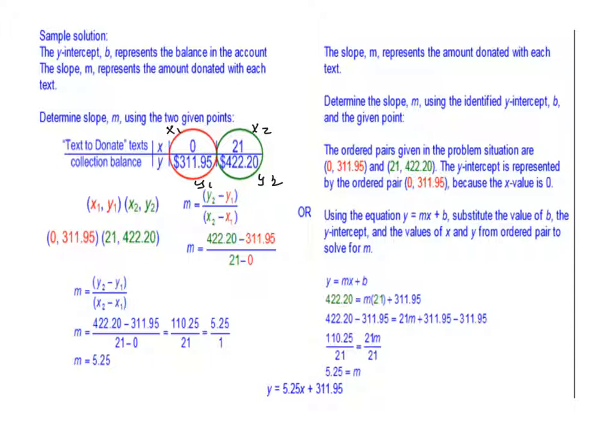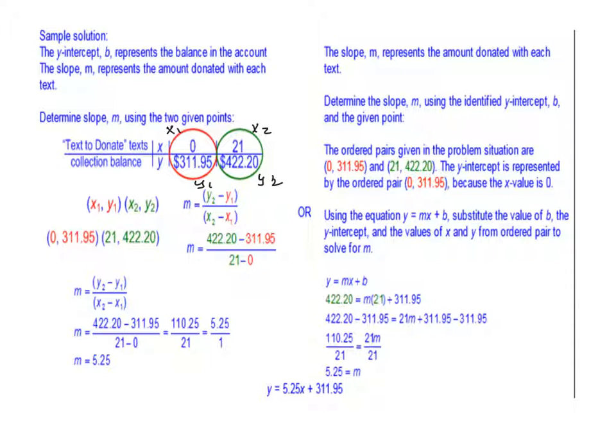Now we take this with our slope formula, subtract the second y by the first y, over the second x by the first x, and we will come up with 422.20 minus 311.95 divided by 21 minus 0.